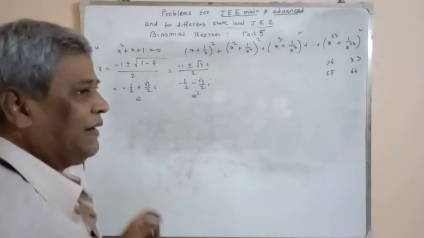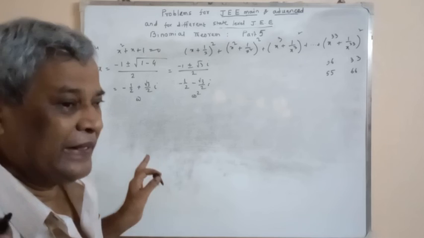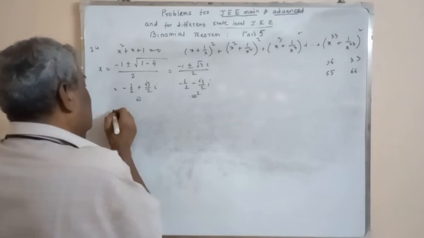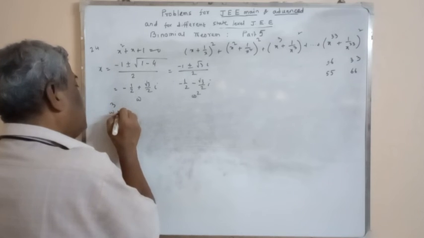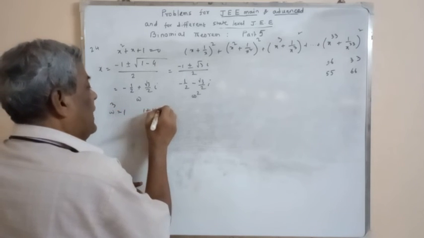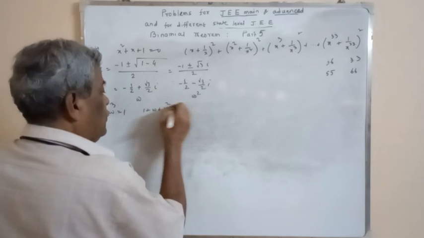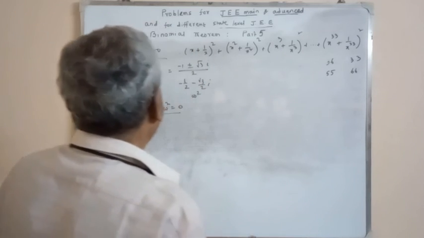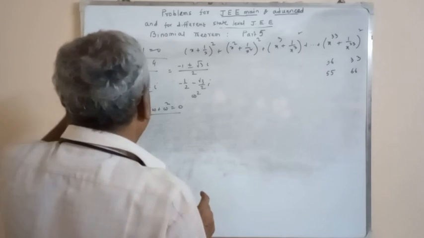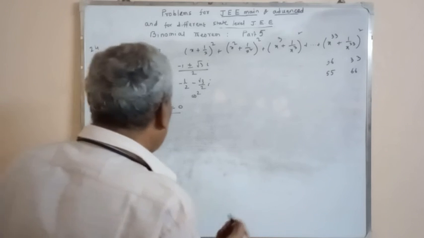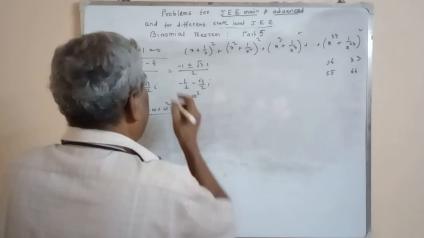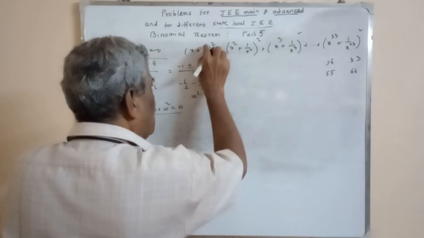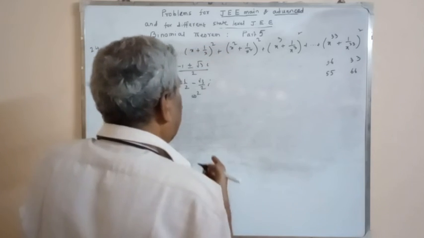Omega and omega square are the cube roots of unity, and their properties are omega cube is equal to 1 and 1 plus omega plus omega square is equal to 0. So we get x is equal to omega or omega square. If I take x is equal to omega, then 1 upon omega is omega square.